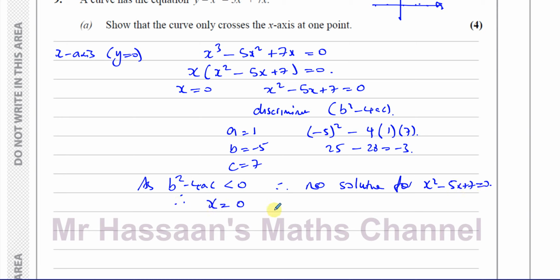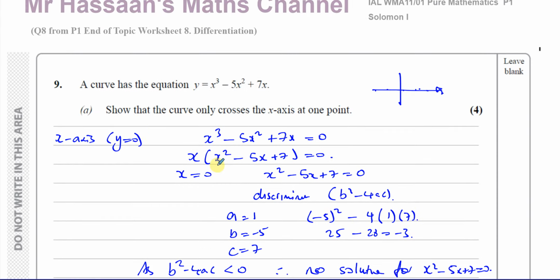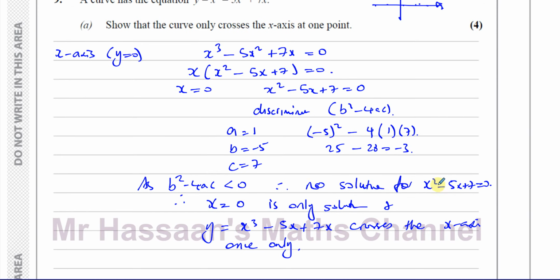Therefore, x equals 0 is the only solution, and y equals x cubed minus 5x squared plus 7x crosses the x-axis once only.